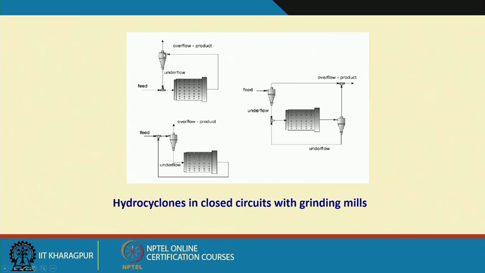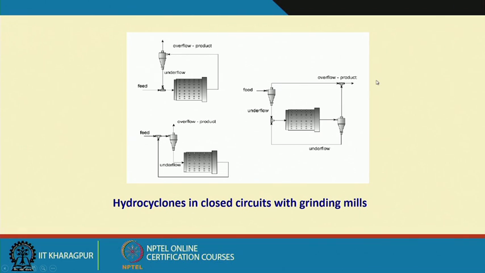So, the material which is already ground finer than what we require, we get it as the cyclone overflow, and then this is sent back to the mill. Here you see that there is a feed, and then you are using a classifier, that is you try to take out of the feed whatever material is already finer than your desired size, because why overgrind them.